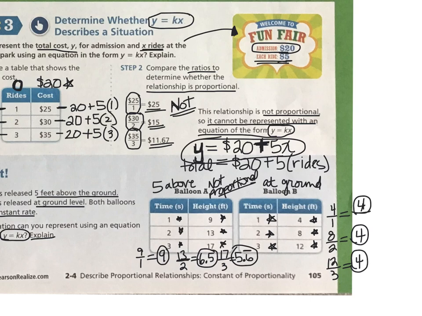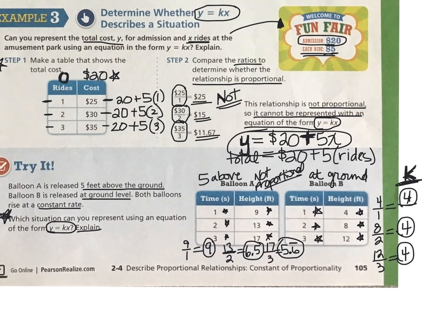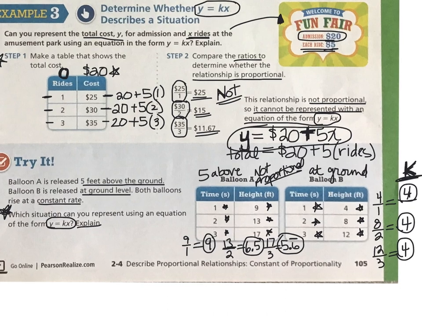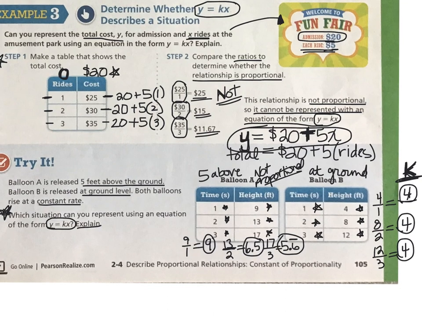Now, this is your K number. Because each of these ratios is equal, we have what we call the constant of proportionality. That constant number that we would multiply by the seconds in order to know how high the balloon is off the ground at any point in time. So as I move my paper back over here a little bit, it says, which situation can you represent using an equation in the form y equals kx?